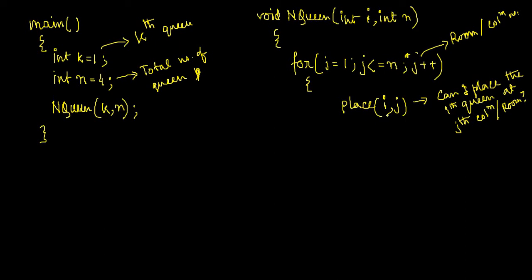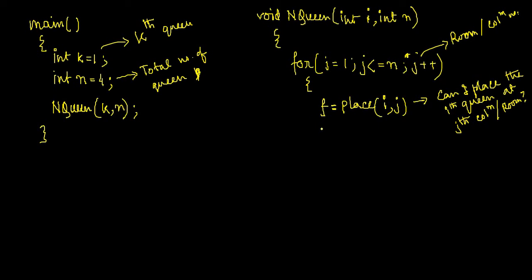The place function will find the answer to this question. Assume we have one more variable, f, where the place function will return. If f contains 1, that means it can be placed, and if it is not possible, if the place function identifies some collision, then obviously the place function will return 0 or false.